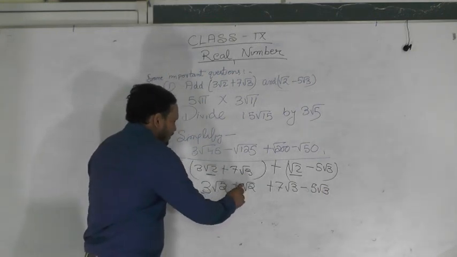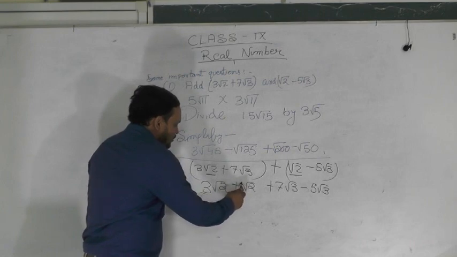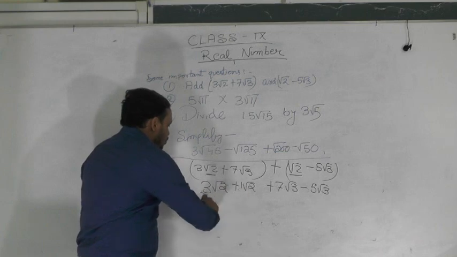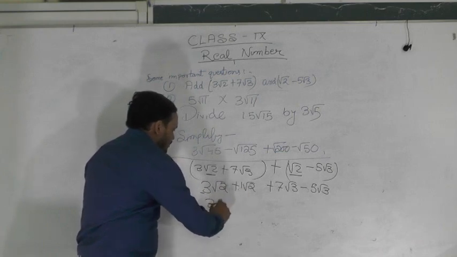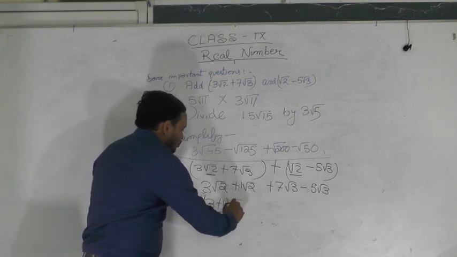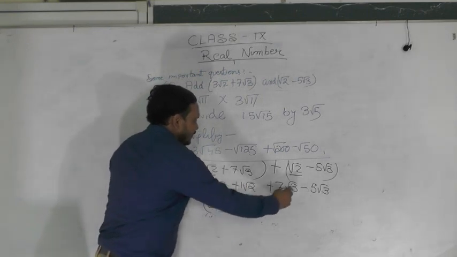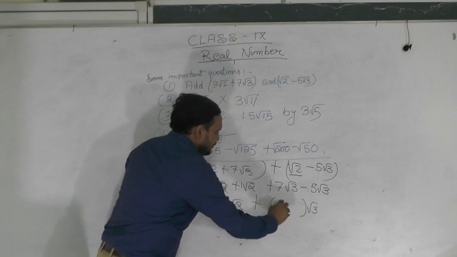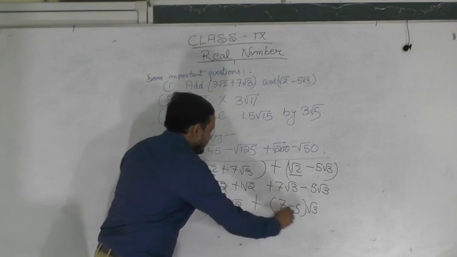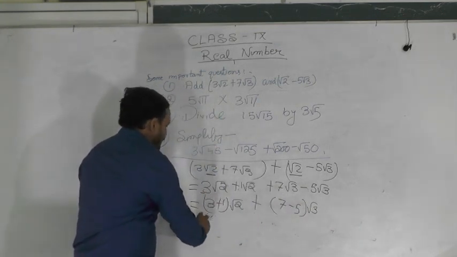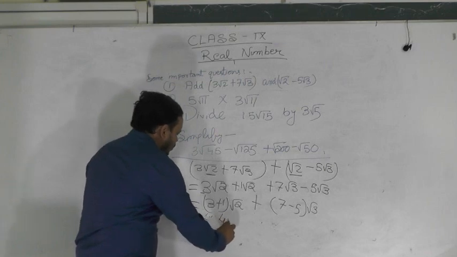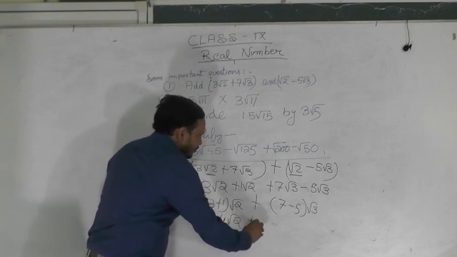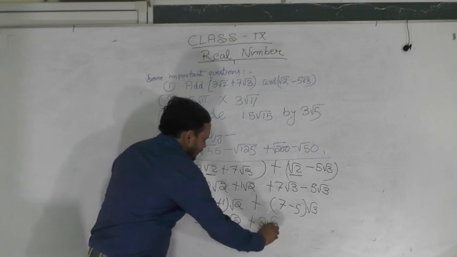Now, if there is nothing written before the root, it means it is 1. Just taking out common root 2 from both, we have 3 plus 1 root 2 plus, here taking out common root 3, it is 7 minus 5, and the final result will be 4 root 2 plus 2 root 3.